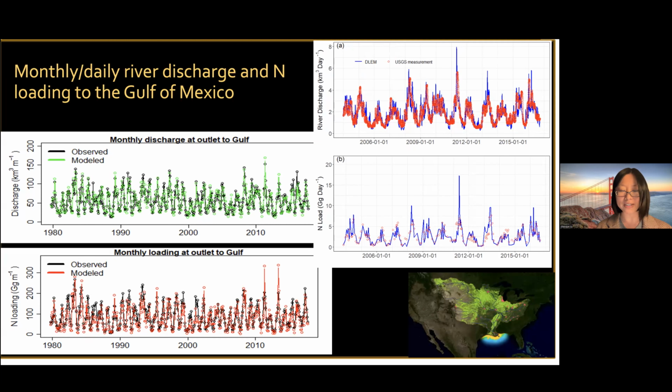We compare data and model in terms of water discharge and nitrogen loading. Overall, this model can well capture the interannual and intra-annual variability of water and nutrient movement at such a large scale. For the monthly comparison, we have nearly four decades of records, and for the daily comparison, about a 10-year record.